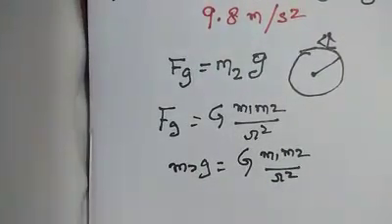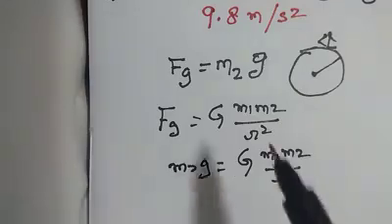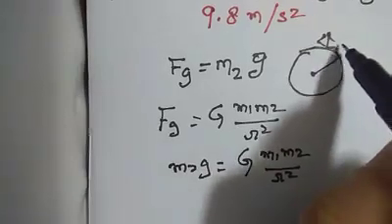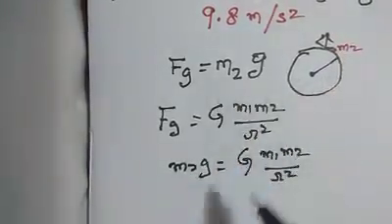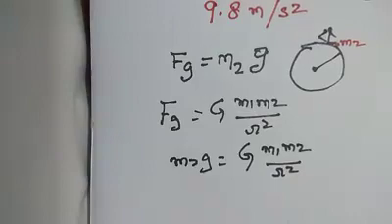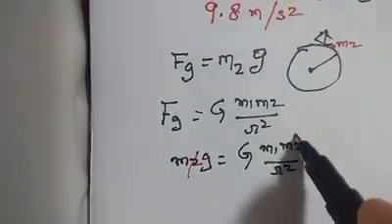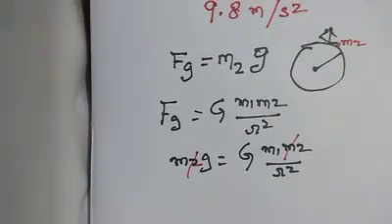Now you see I have done a little trick. I deliberately wrote M2 as me standing here, so that this M2 and this M2 get cancelled out.